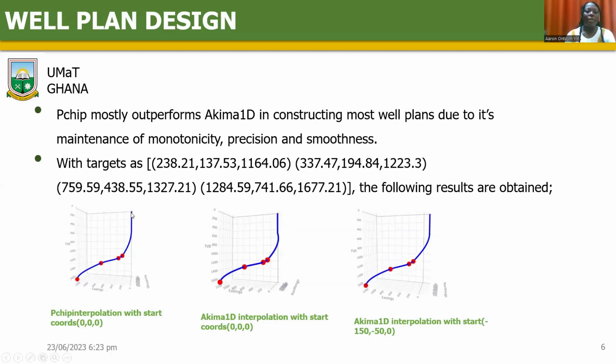Upon conducting our research, we realized that the P-chip mostly outperforms Akima 1D in constructing most well paths.